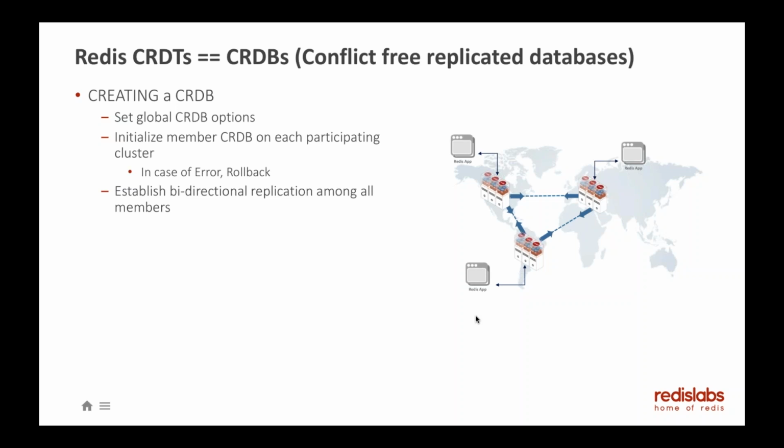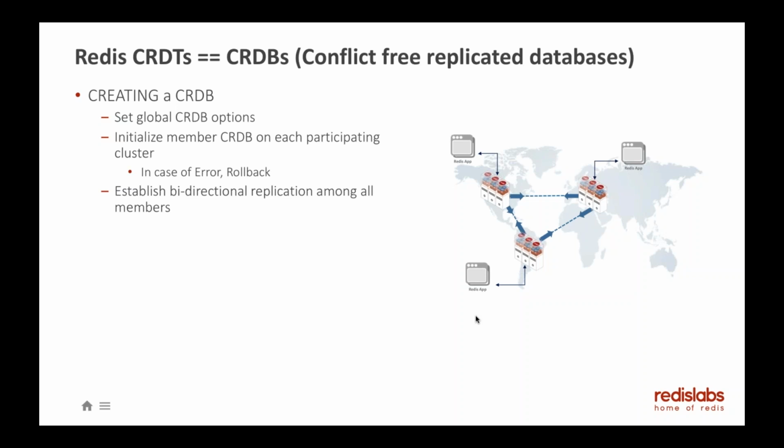But once you create this database, what we do is we create local databases in each one of the participating clusters. They're prepared and their replication is set up to exchange all of the updates that are happening in each one of the participants. And once this creation finishes, you get, for each one of the clusters that are participating in the CRDB, a local database, a member CRDB database that your local application can use and connect to.